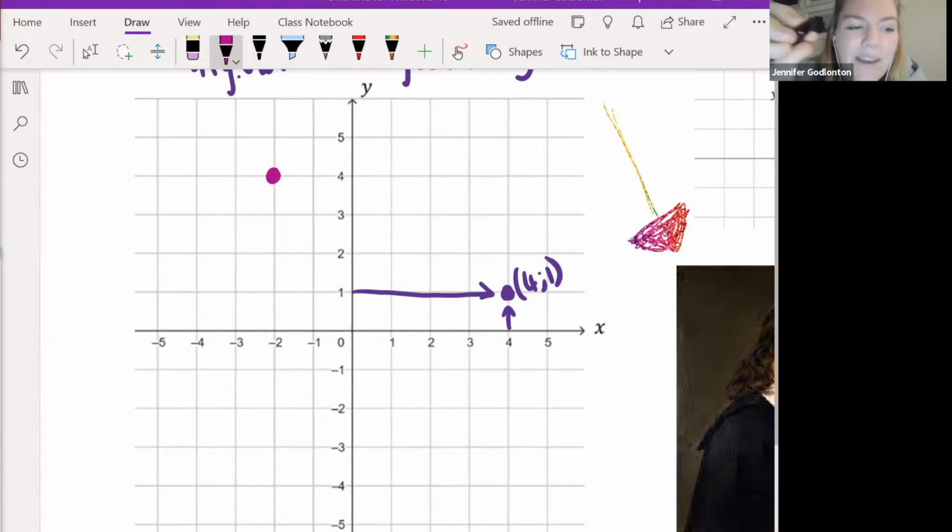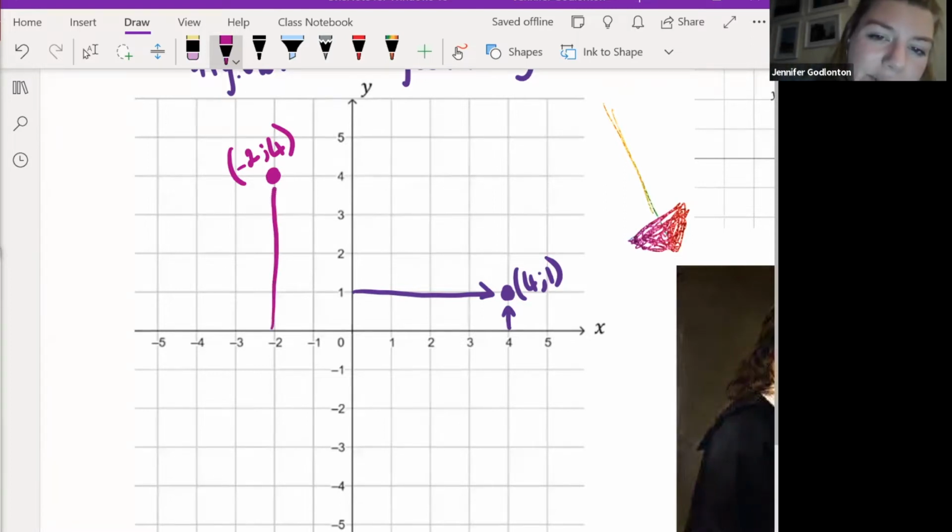Yes, okay, but be careful. It needs to be semicolon. So we're going to have a bracket. We're going to say -2 semicolon 4 bracket. Nice job, Tiana. Okay, guys, remember you can unmute yourself. So when you're wanting to chat, just unmute and talk to me. So we write our x value, which is -2, and our y value, which is 4. Always our x value first, and then our y value.